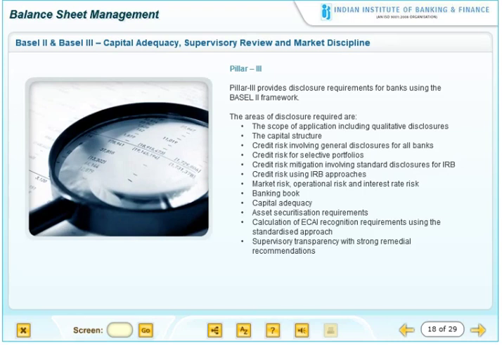The areas of disclosure required are the scope of application including qualitative disclosures, the capital structure, credit risk involving general disclosures for all banks, credit risk for selective portfolios, credit risk mitigation involving standard disclosures for IRB, credit risk using IRB approaches, market risk, operational risk and interest rate risk, banking book, capital adequacy, asset securitization requirements, calculation of the ECAI recognition requirements using the standardized approach, supervisory transparency with strong remedial recommendations.